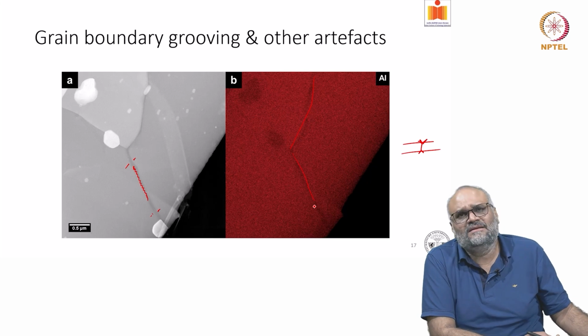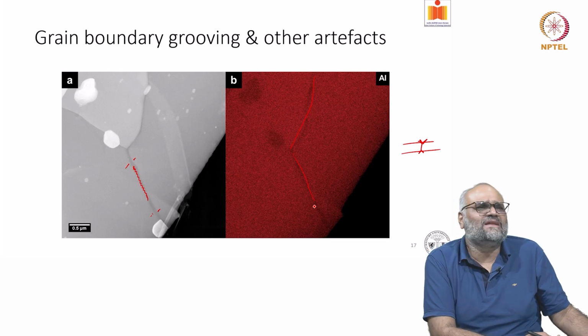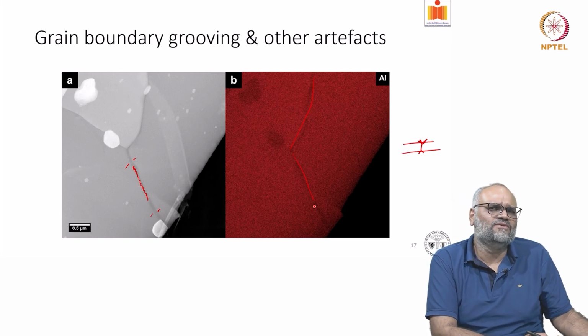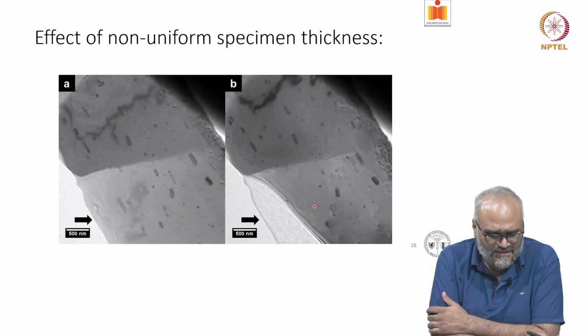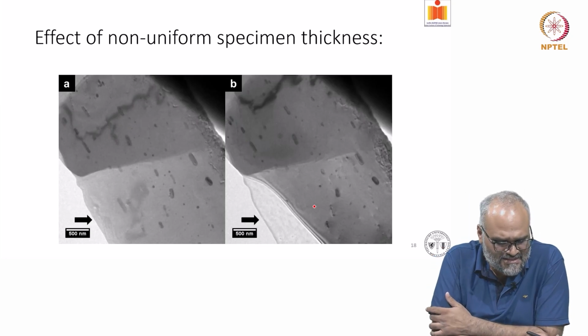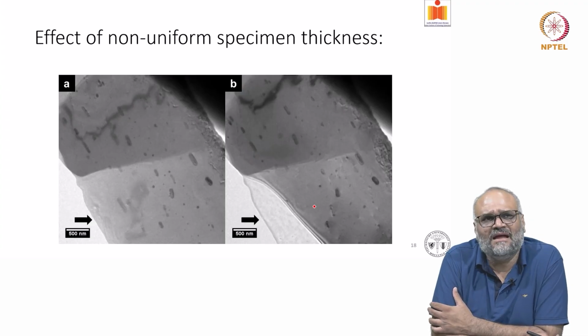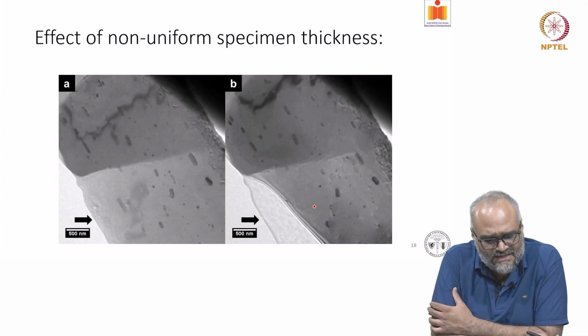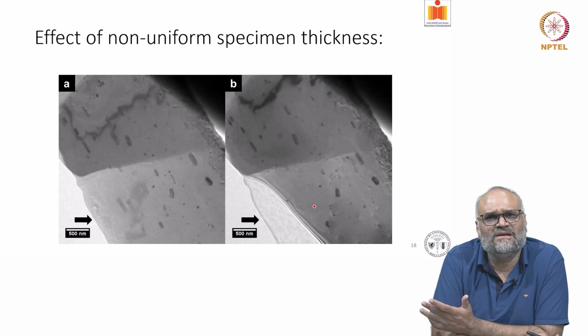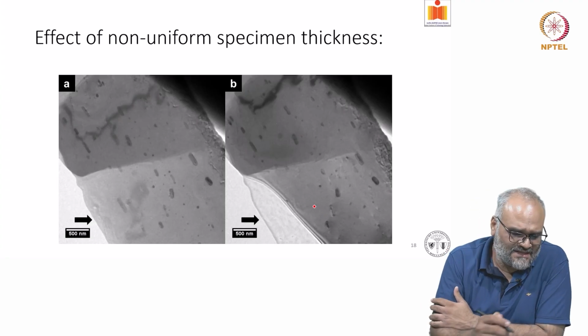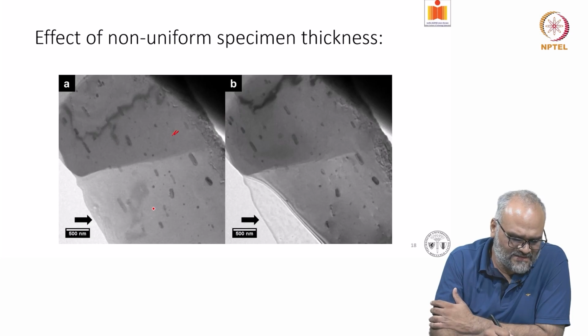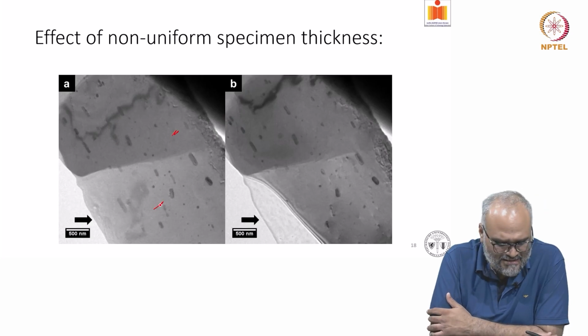And then if you look at the specimens where the thickness is not uniform, we intentionally created specimens with two grains within the specimen, and because of different milling rates owing to the orientation differences, the thickness of this particular grain is different from this one.